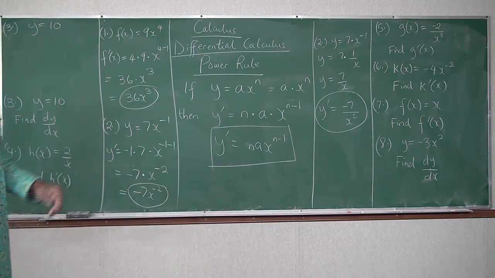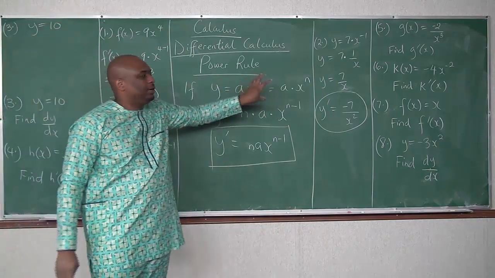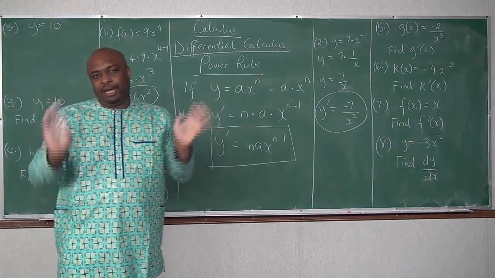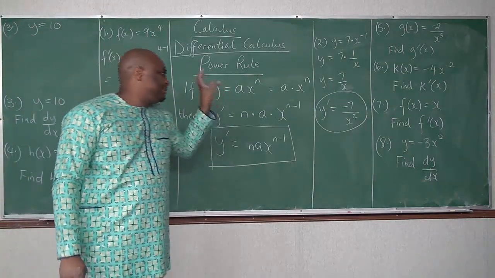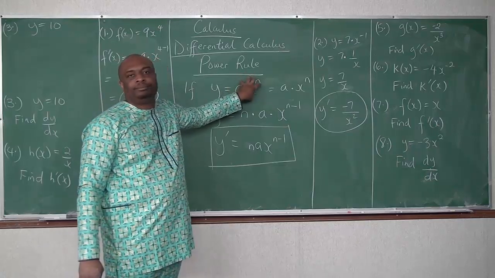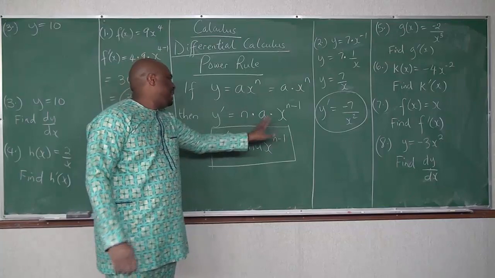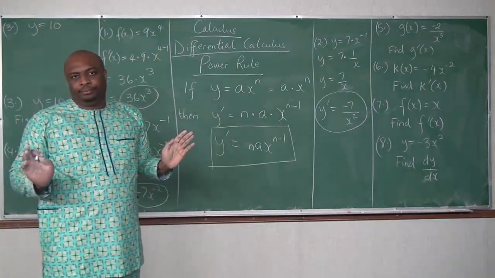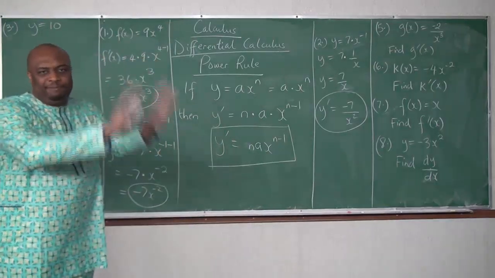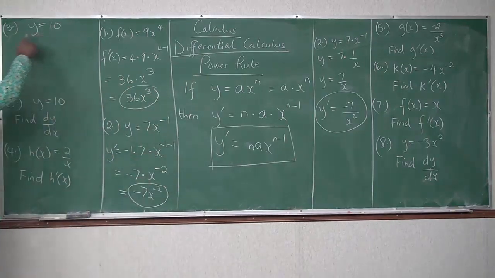We want to put this 10 in this form because that is what we are going to do every time in our power rule problems. If it is not in this form, we put it in this form so that we can apply it, and then leave it in the form that they gave it to us.